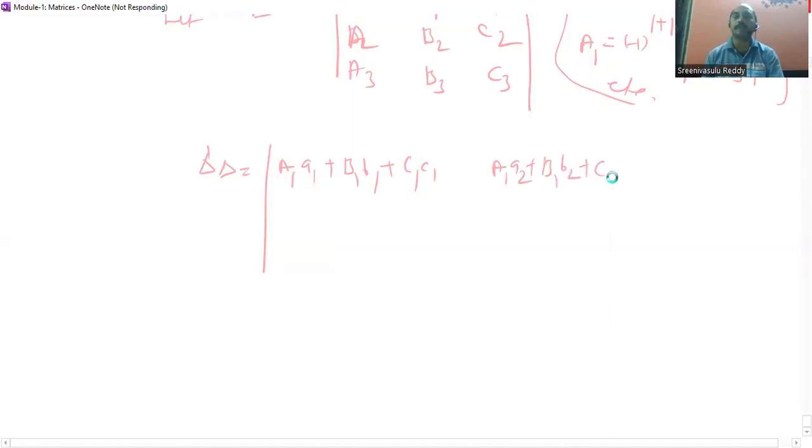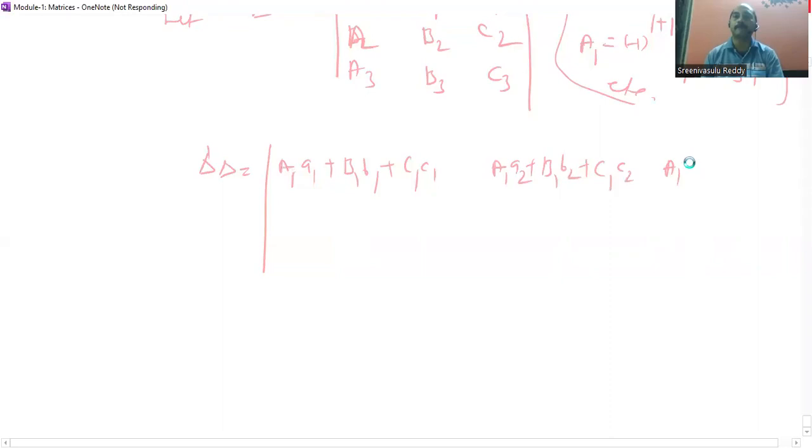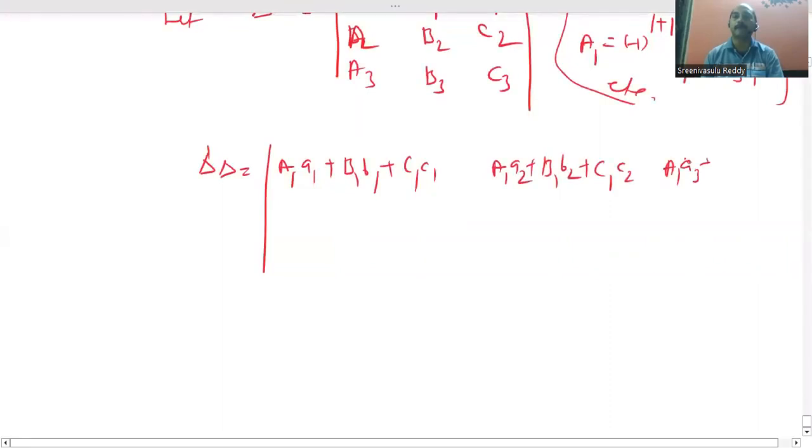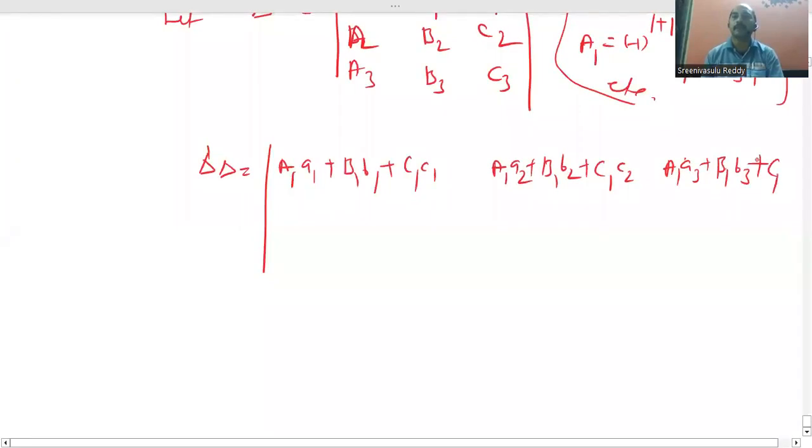Next entry, the last entry of the first row: A1 into A3 plus B1 into B3 plus C1 into C3.